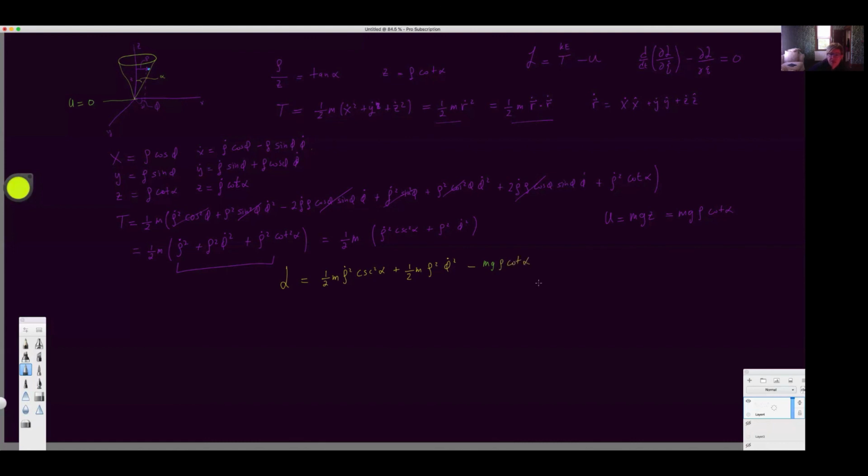There's our Lagrangian, yay. All right, now remember, this is a set of equations. There's no way around that. And the coordinates that I have, my q's, are rho and phi.